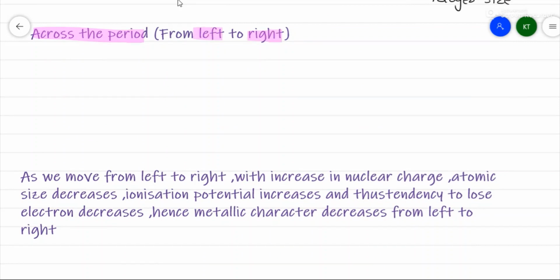So left to right means across a period of the periodic table. As usual, normally what we do, we take the third period of the periodic table. So in all our discussions we consider the third period. So let me have the third period.